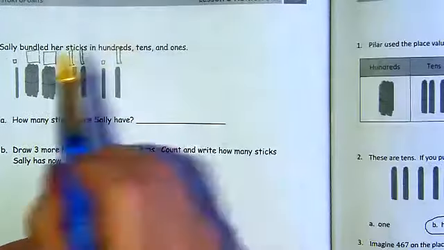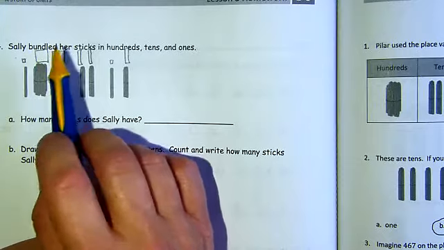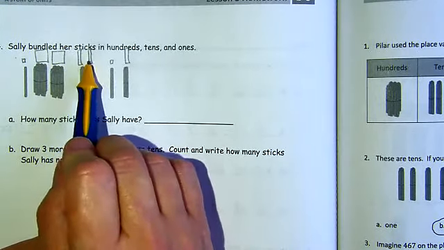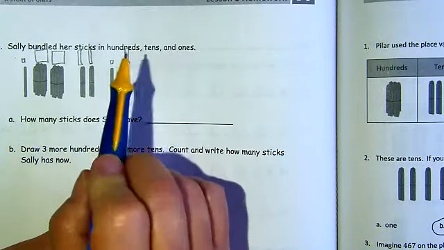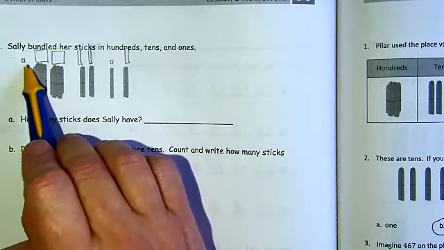Okay, so let's count on what we have here. We have 100, 200, 210, 220, 230, 231, 232.